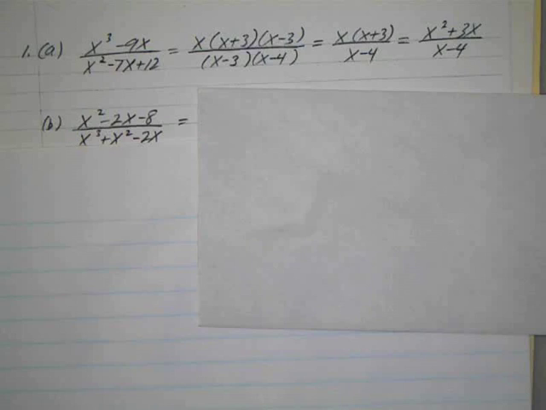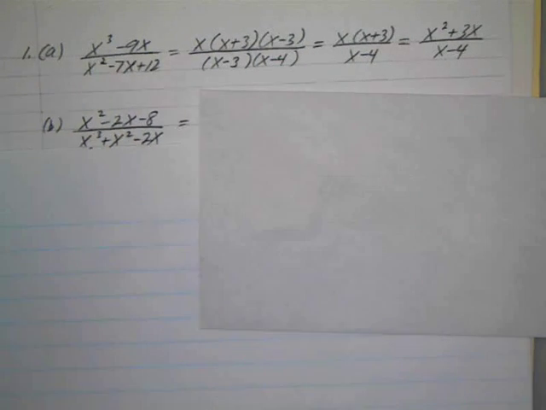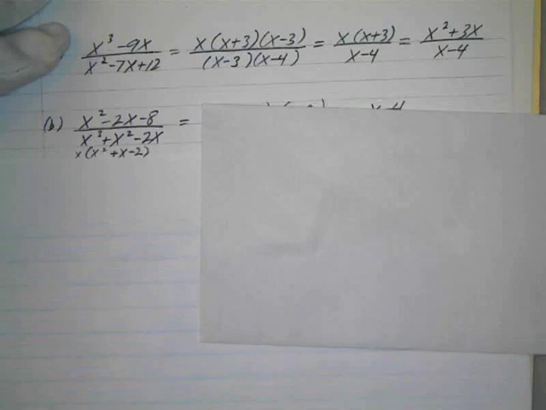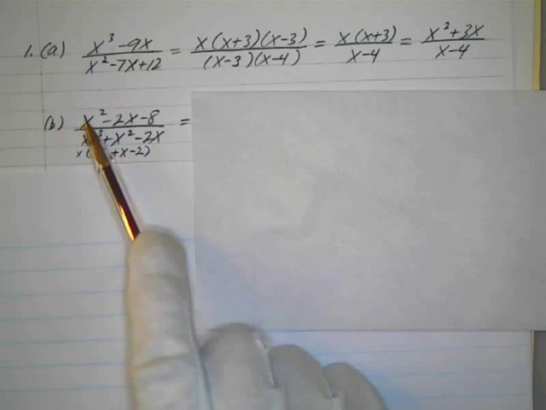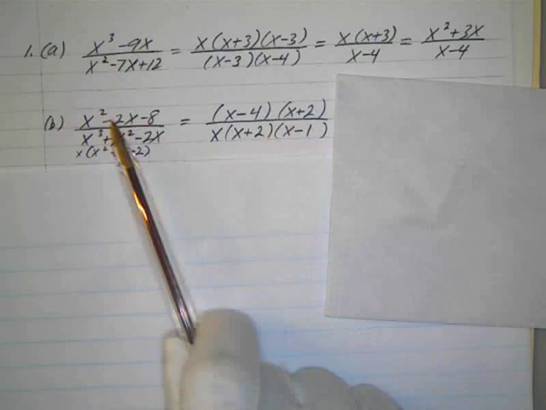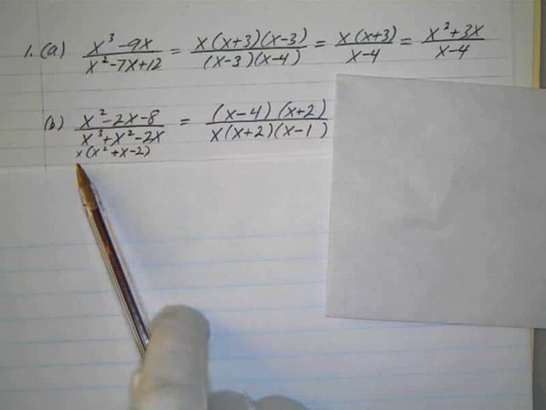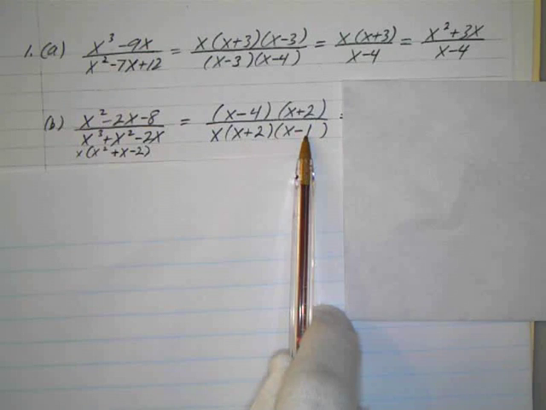This one is trinomial over trinomial. Here I noticed that I had a common factor of x, so I factored that out to save a step. And then I got two simple trinomials. The top factors to be x minus 4 times x plus 2, and the bottom factors to be x times x plus 2 times x minus 4.